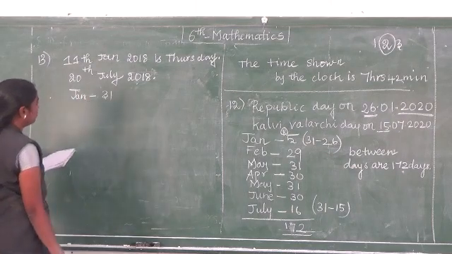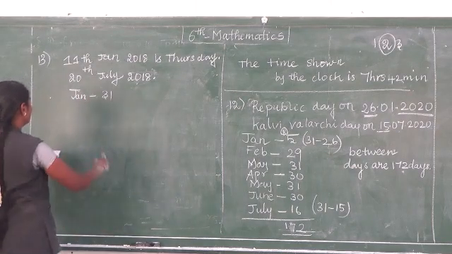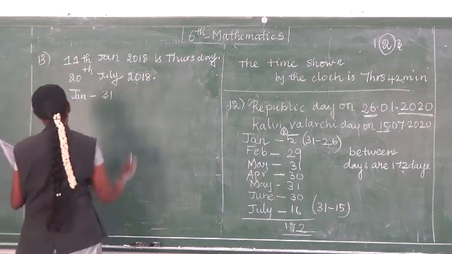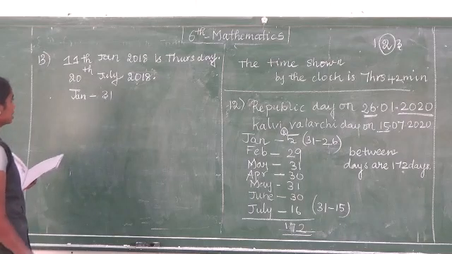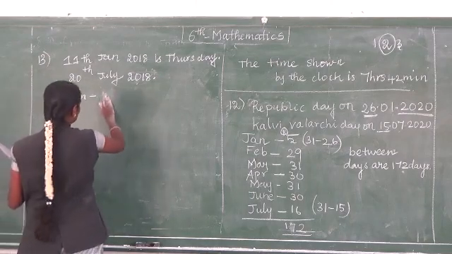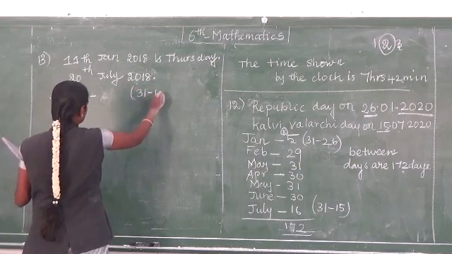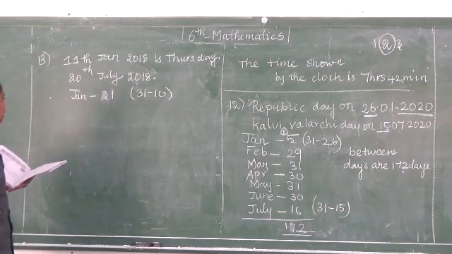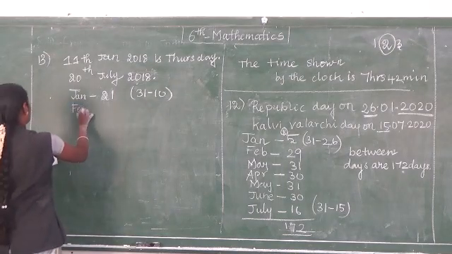How many days we have? 31 days. In the 31 days, the 11th day is Thursday. That means 10 days are over. So subtract 31 minus 10. 21 days we have in that. Next February month.